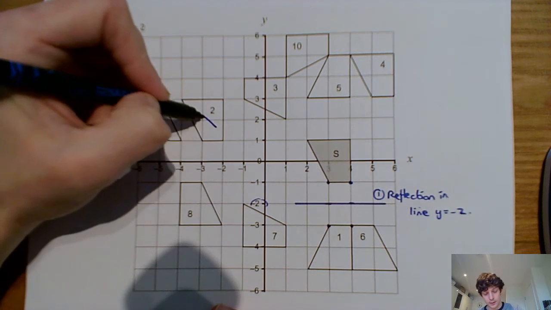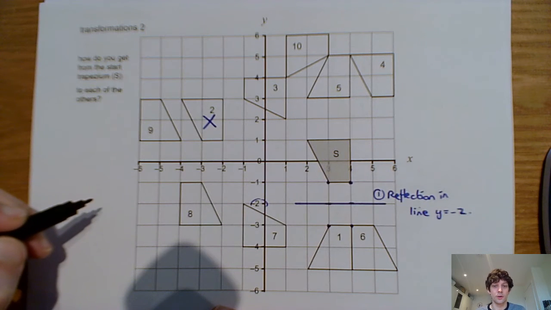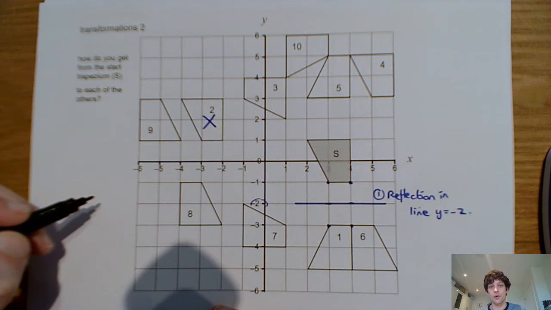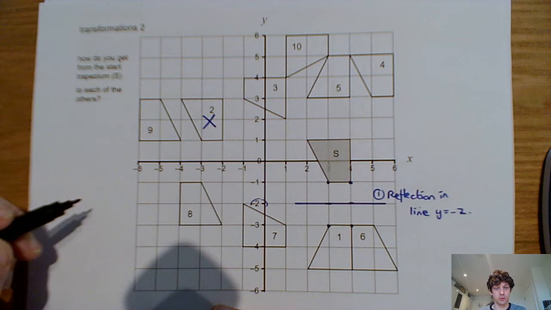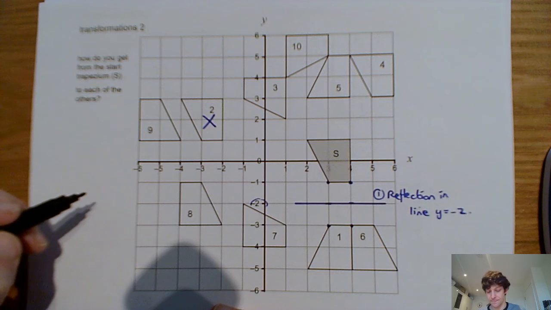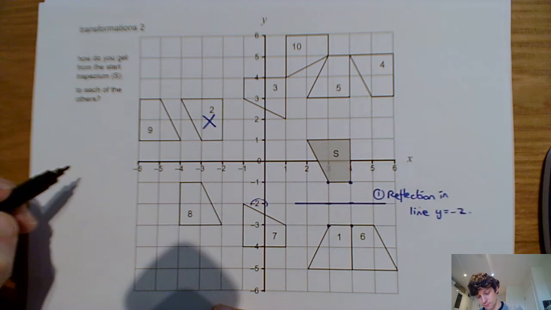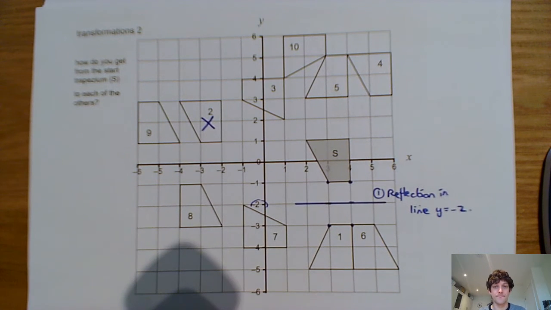Number 2 is a translation, so I'm not going to do that one. Number 3, ooh, that looks a little bit trickier. So let's have a look at number 3, see where we think that would go.